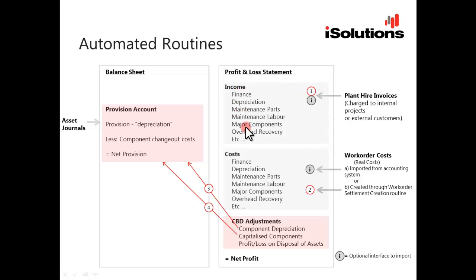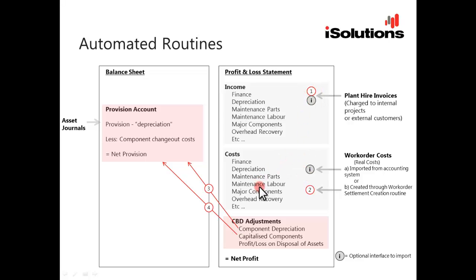You want to have all of your income, plant revenue coming into AMT, and you've either got the option to import that, which is indicated by the shaded grey eye, or item flag 1 is the first of those automated routines that we had a look at, where AMT can automatically generate those monthly plant invoices by equipment, by project, and get that invoicing transaction, as it were, into AMT. So you've got the option to either have AMT generated or to import it.